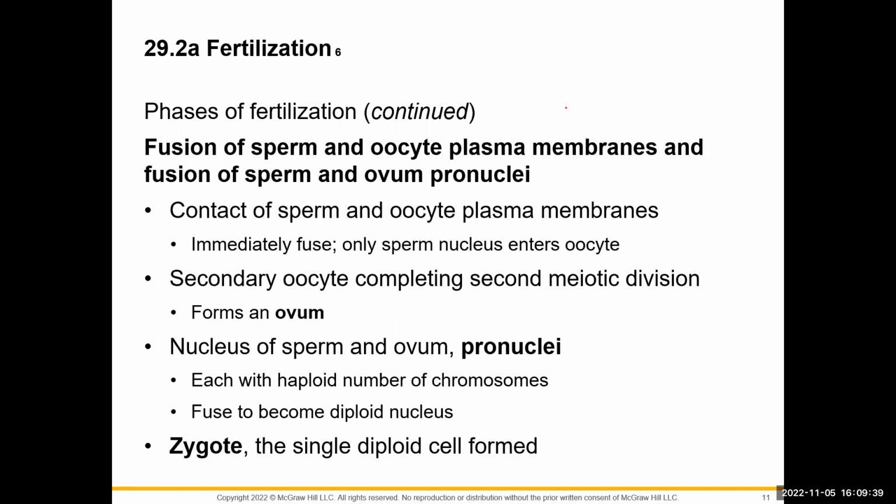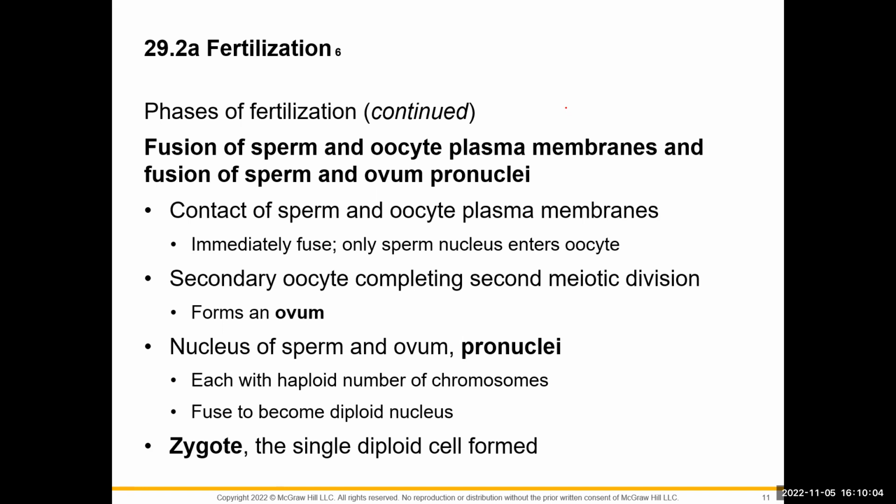And from this point, the nucleus of the sperm and the ovum come together and fuse. Keep in mind that each of those structures, the nucleus of the sperm and the ovum, are only haploid number in chromosomes. But once they come together and fuse, they are no longer a haploid number of chromosomes.